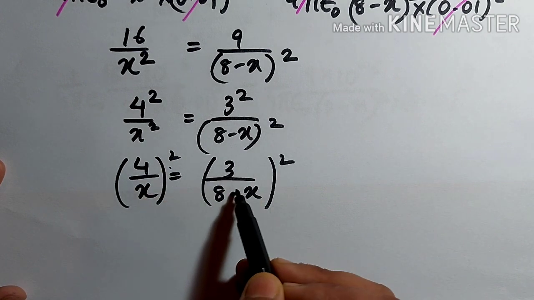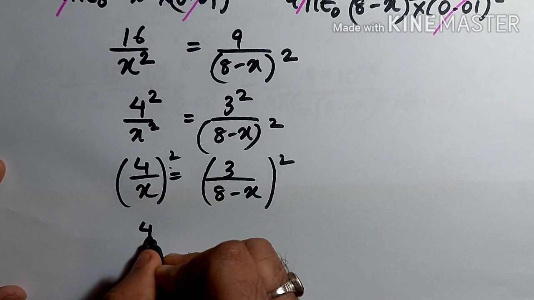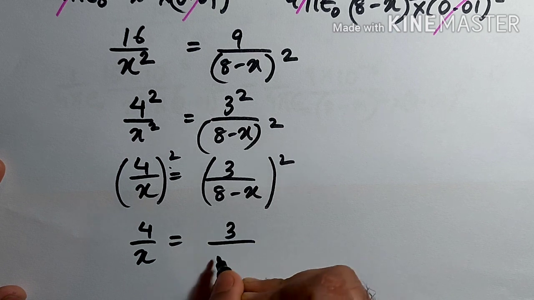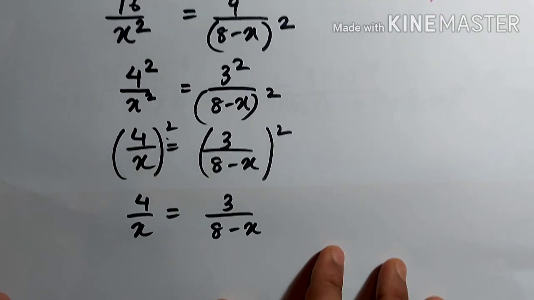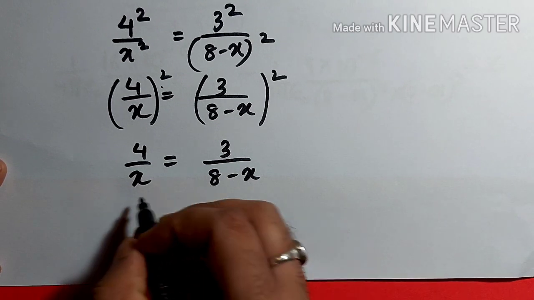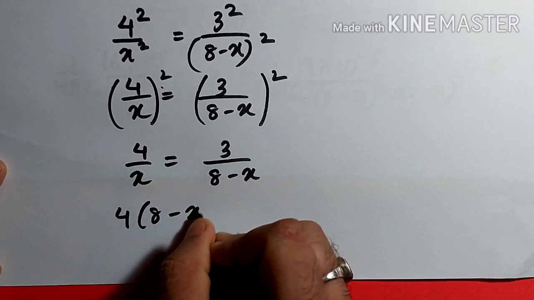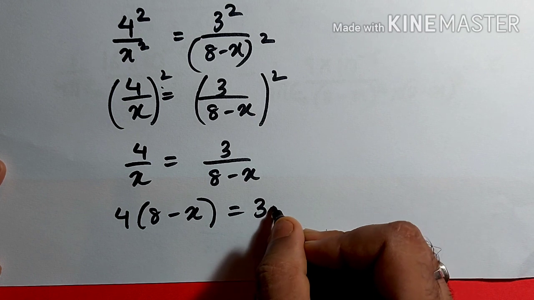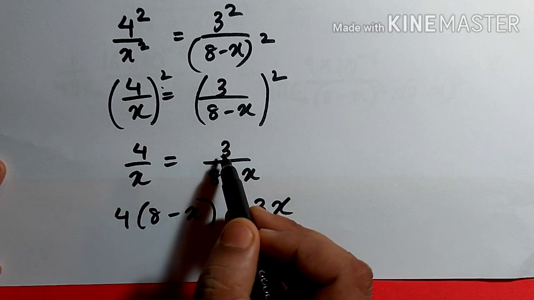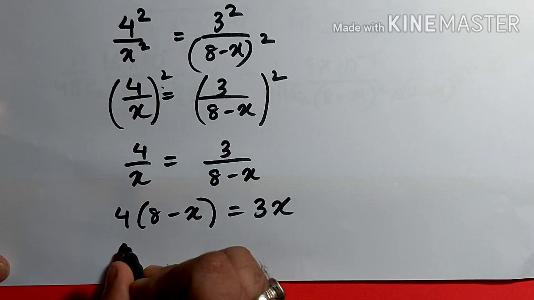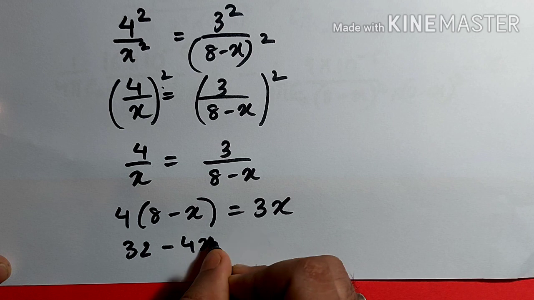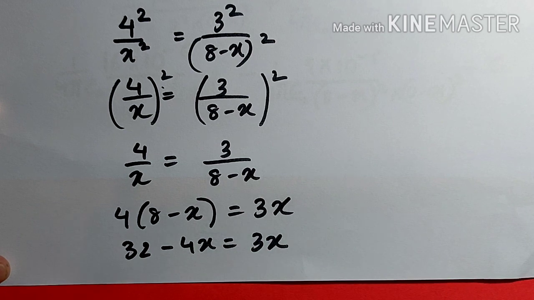Taking square root on both sides, we have the value 4 by x equal to 3 by 8 minus x, and hence we can write 4 into 8 minus x equal to 3 into x, that is cross multiplying the factors. If I solve this, we will have 32 minus 4x equal to 3x.